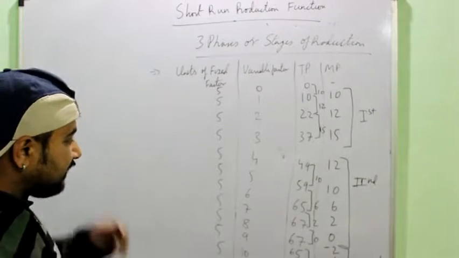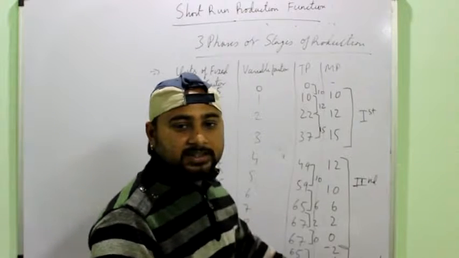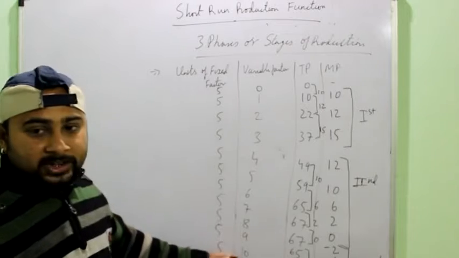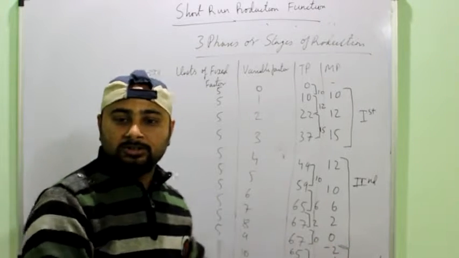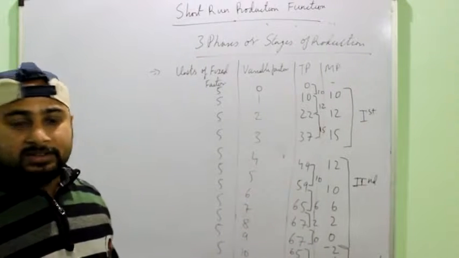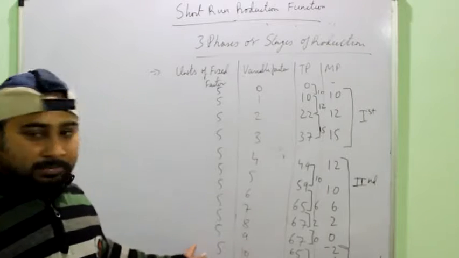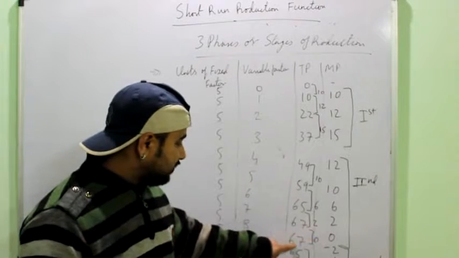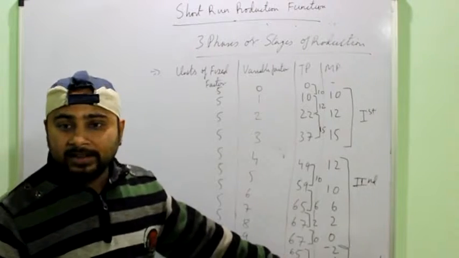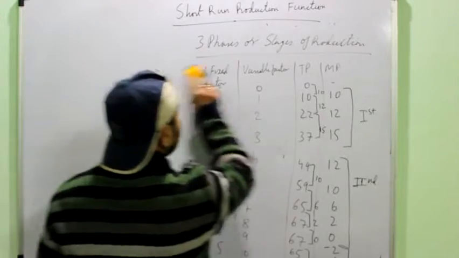So it is clear that if you are a producer, you will never go into the third stage, because you will pay the labor also and you will decrease your total production also. So you will not even hire a labor if you are getting it for free. Suppose it is my factory, I am getting the say 9th labor for free. I will not keep it because my production is 67, and if I employ that labor, my production will become 65, right? So third stage is eliminated, right?